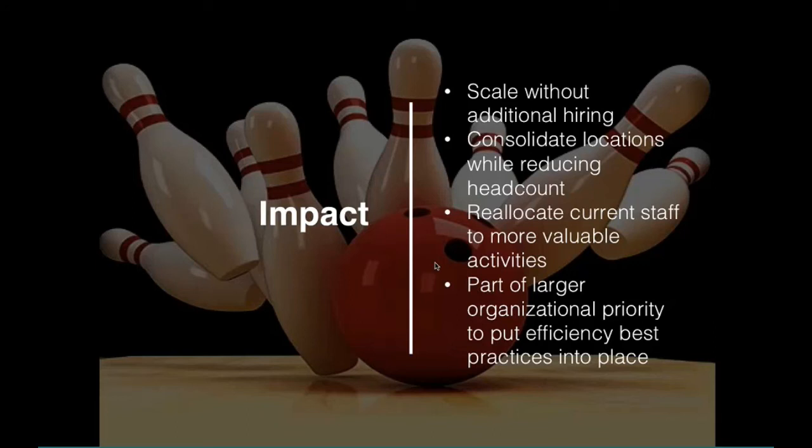Oftentimes our customers are looking to consolidate multiple locations, certainly reallocate staff to more valuable activities than data entry and chasing people for approvals, and certainly any organizations that are just focused in general on efficiency and scalability. Those companies are the ones that see the most value.